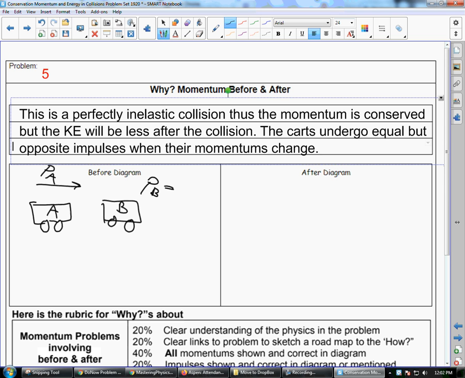Because it's sitting there, I know it is 0. And then afterwards, I've got one big cart AB, and it's going to have momentum AB.